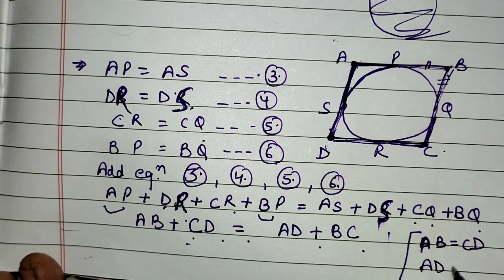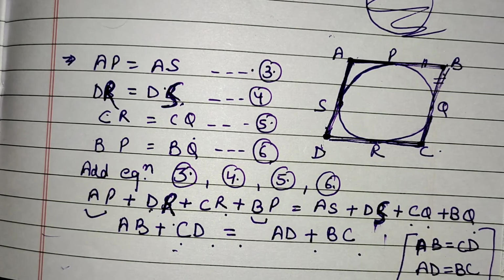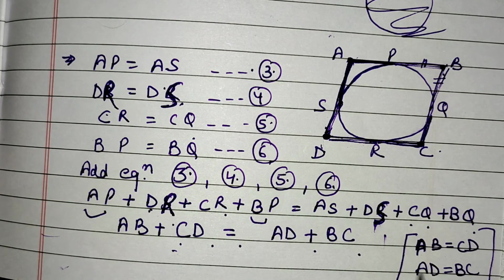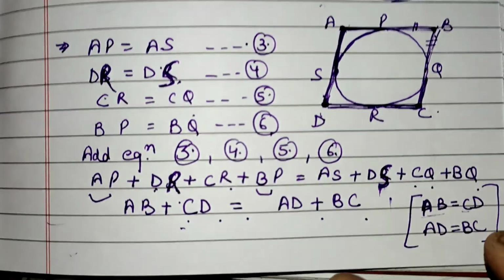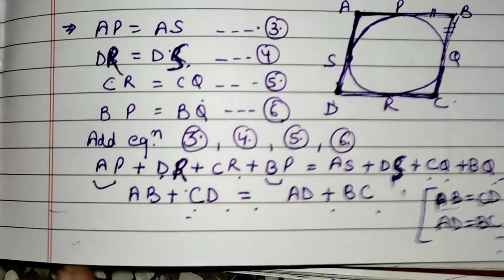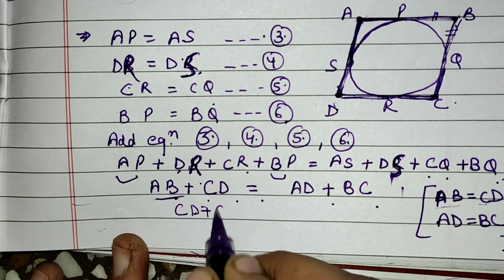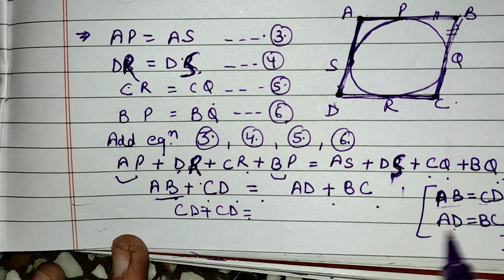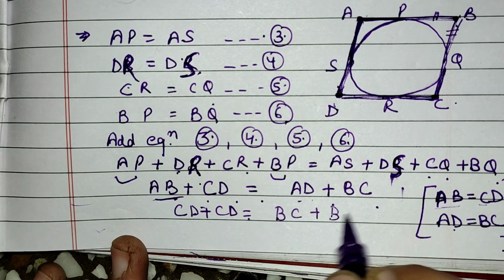because both are sides of a parallelogram, right? So instead of writing AB, I can write CD plus CD is equal to, instead of writing AD, I can write BC plus BC.